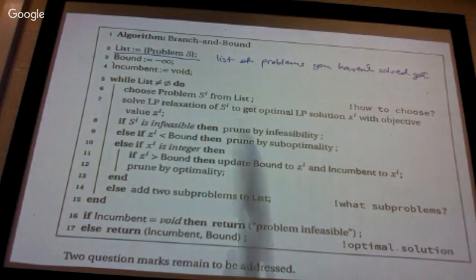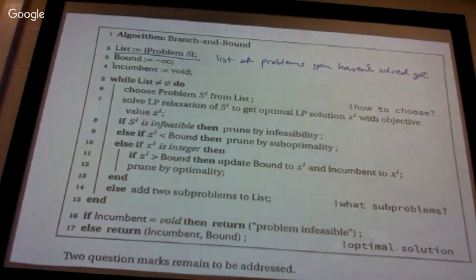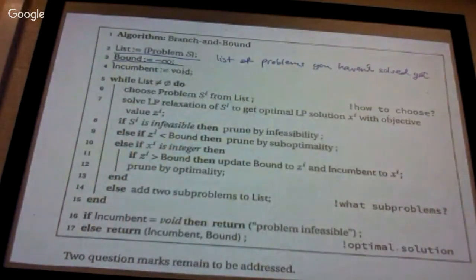In the beginning it's just the original problem, the whole problem that you got. But then you keep adding as you branch. Whenever you do the branching, you create 2 new subproblems and you add them to the list. And then you keep a certain bound, which in the beginning is minus infinity.